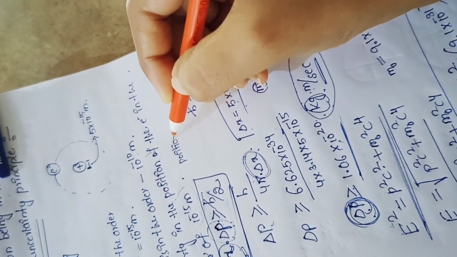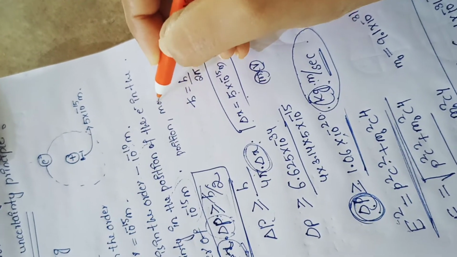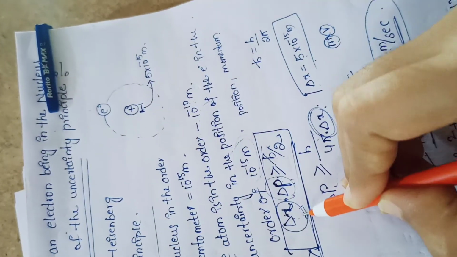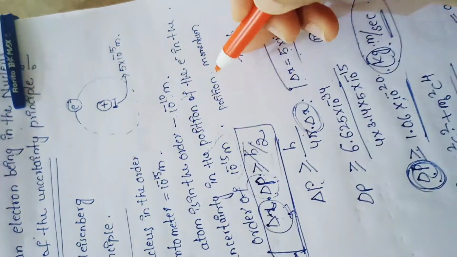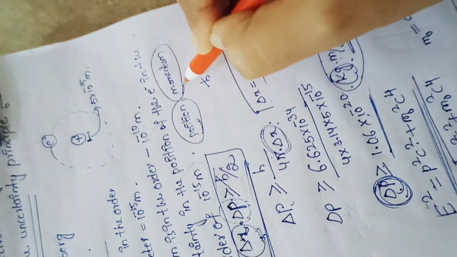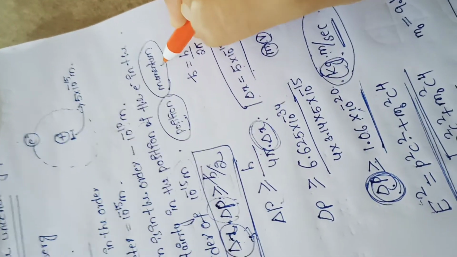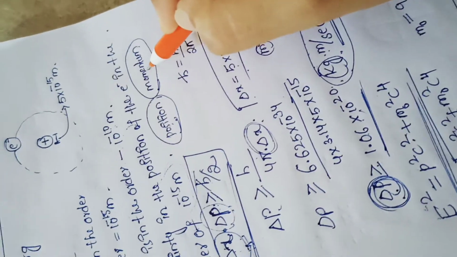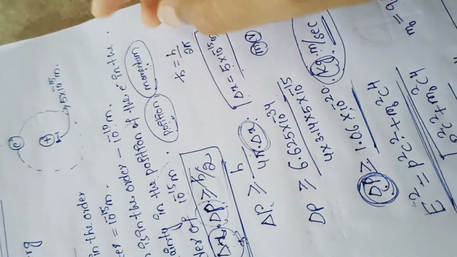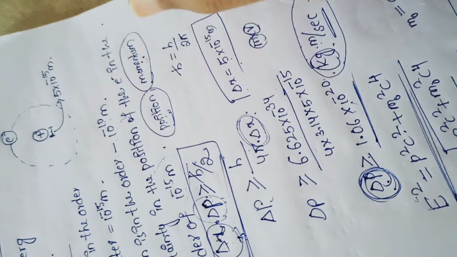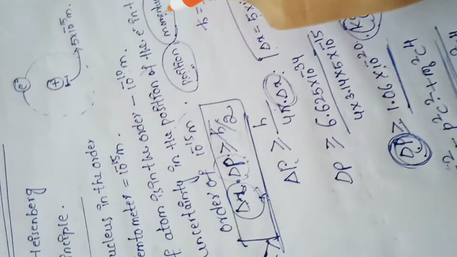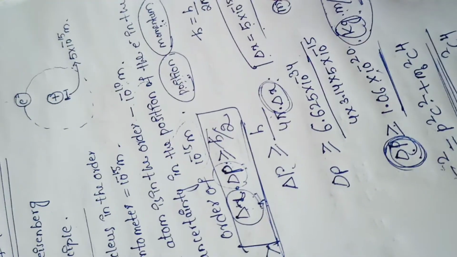The Heisenberg uncertainty principle means that at a particular instant of time you can't determine the position and momentum of a particle simultaneously. Either you can determine the position or you can determine the momentum, but you can't determine both simultaneously. So that is the Heisenberg uncertainty principle.